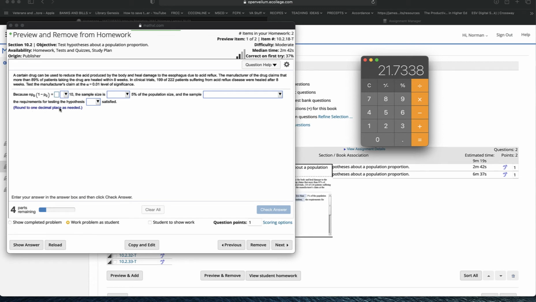Note that it says round to 1 decimal place. So here we get 21.7.